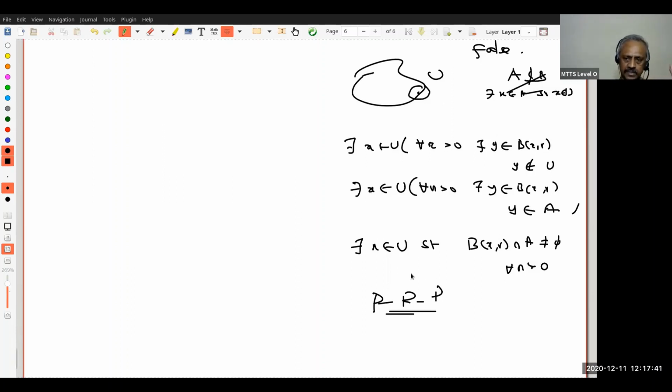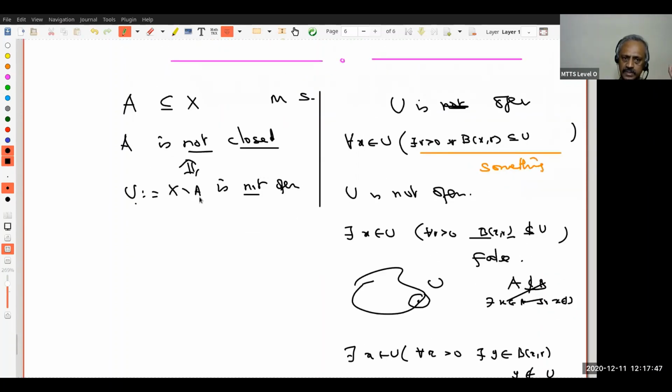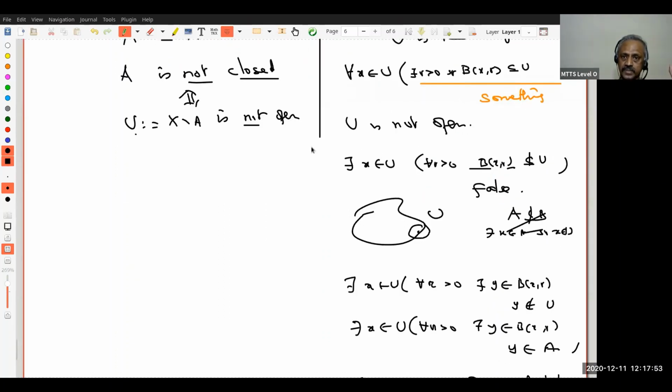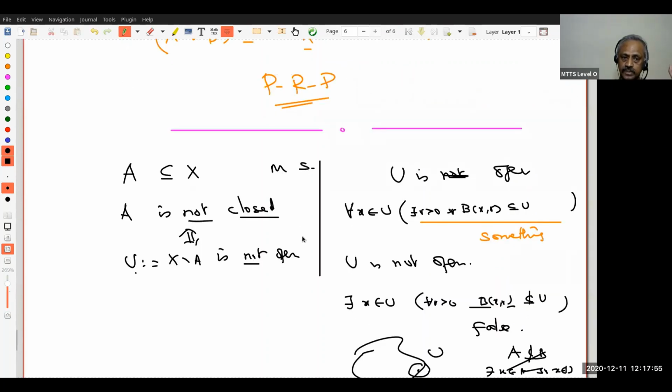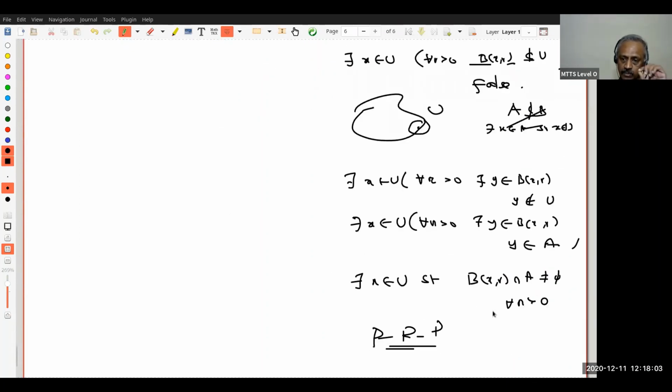Which is the same as saying, if A is not closed, there exists x not in A. You understand? Where is x? x is in U. Therefore, if A is not closed, there exists x not in A, that is, x is outside A, so that any open ball B(x,r) intersects A.